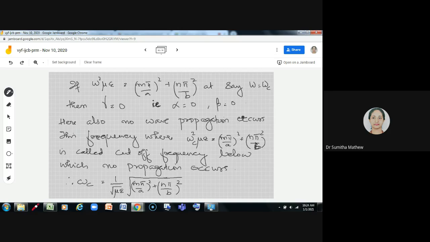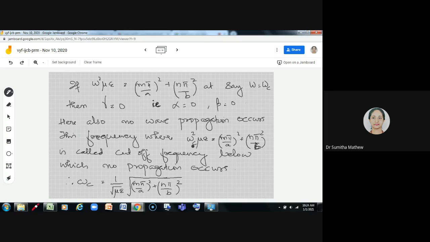And above that value, that part becomes lesser than omega c square mu epsilon. By equating these two, we can get an expression for omega c. What is omega c? It is the cutoff frequency below which no propagation occurs.